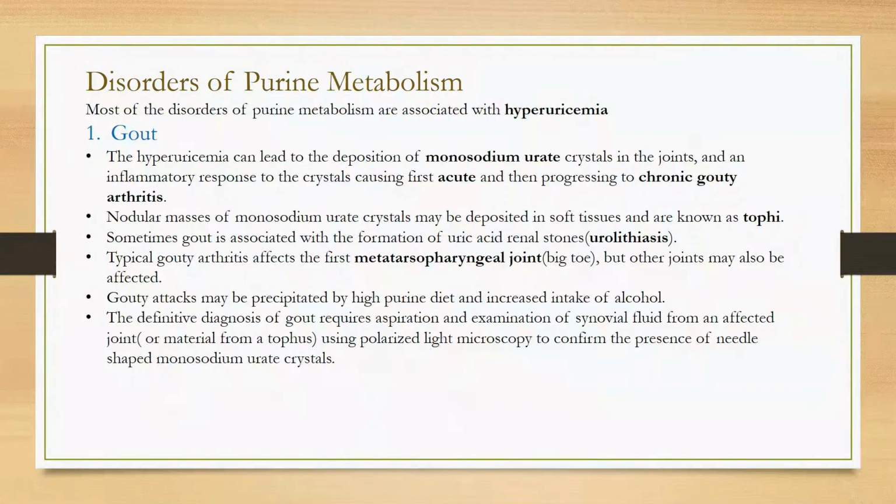Most disorders of purine metabolism are associated with hyperuricemia, a term that refers to elevated levels of uric acid in the blood, above 7 milligram per deciliter in men and 6 milligram per deciliter in women.